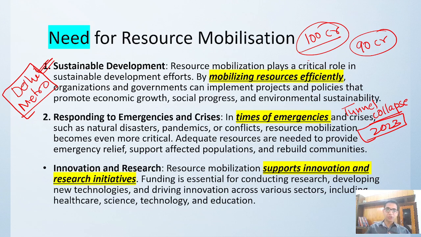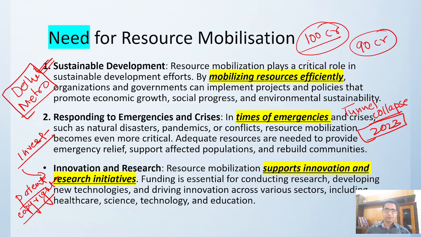Resources are also needed for innovation and research, because the government wants to invest money in research projects. Once you do the research, only then can you get the patent and the copyright. Once you are able to get the patent and the copyright, only then can you utilize it for your own benefit.